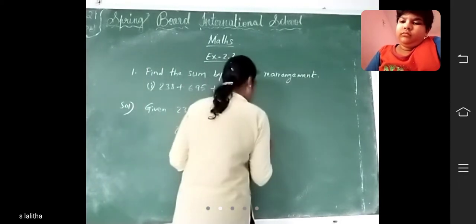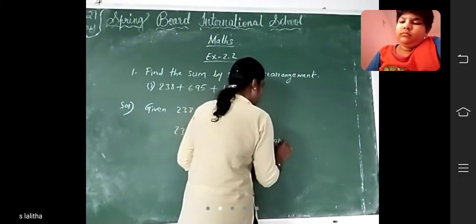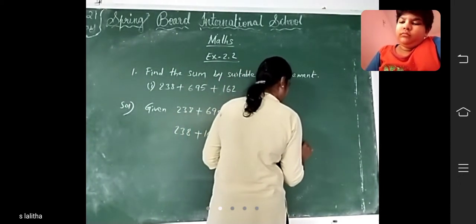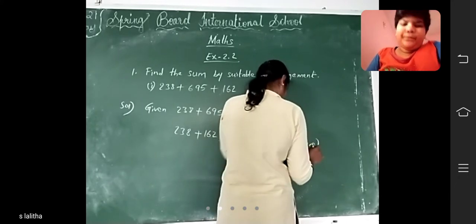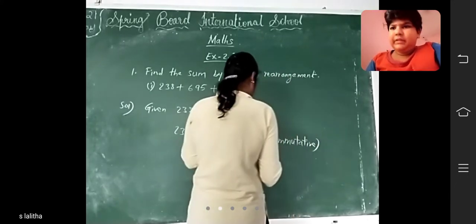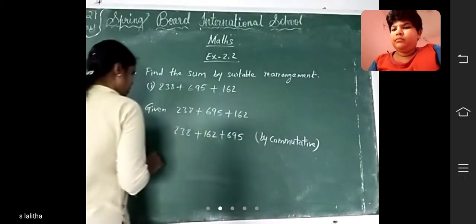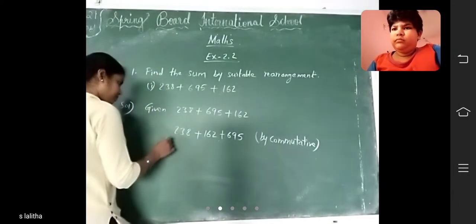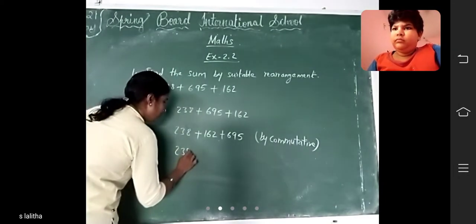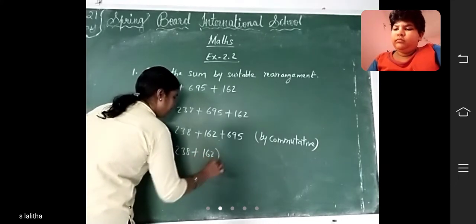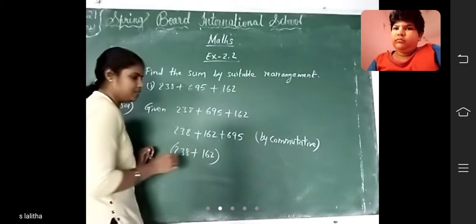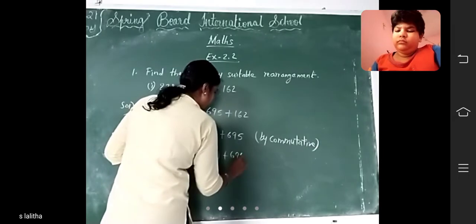By commutative. Now 238 plus 162, I'll keep it in one bracket, plus 695.